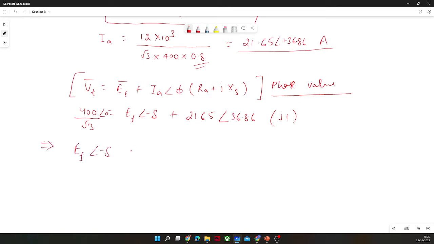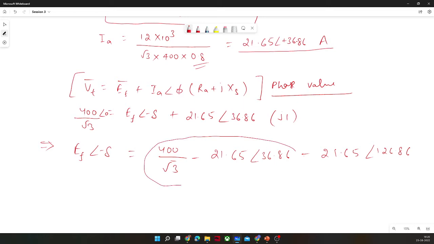EF angle minus delta is equal to 400 by root 3 plus 21.65 angle 36.86, sorry, minus, because this would go to the left side, minus 21.65 angle 90 plus 36.86.